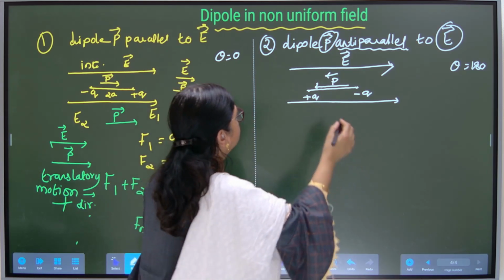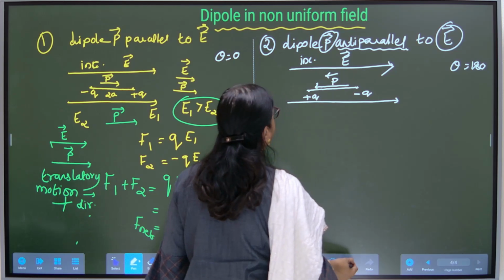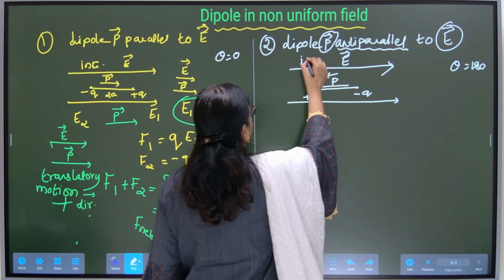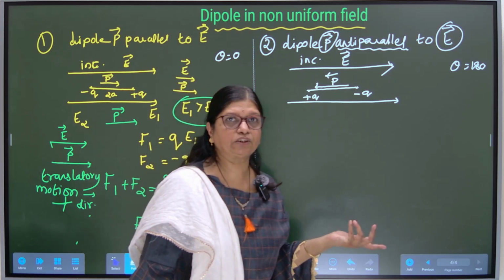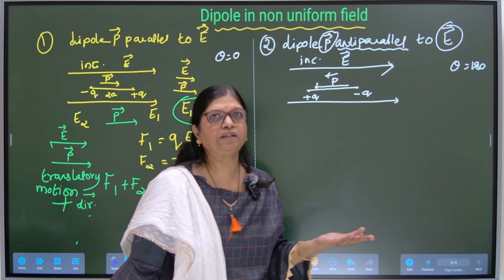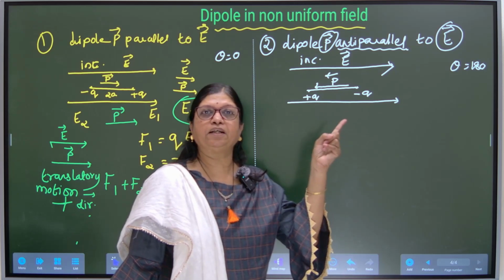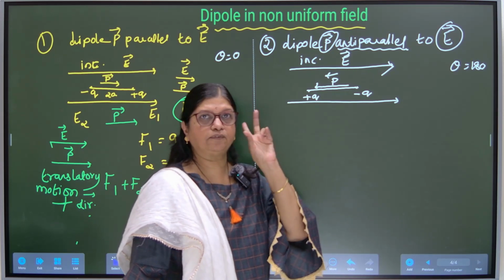Fine. Okay. So this direction is of increasing electric field. Fine. Okay. Now let us see what will be the direction of force. Whichever direction of force, that direction will be the motion of the particular dipole which we have chosen. So let us first consider what is the force.